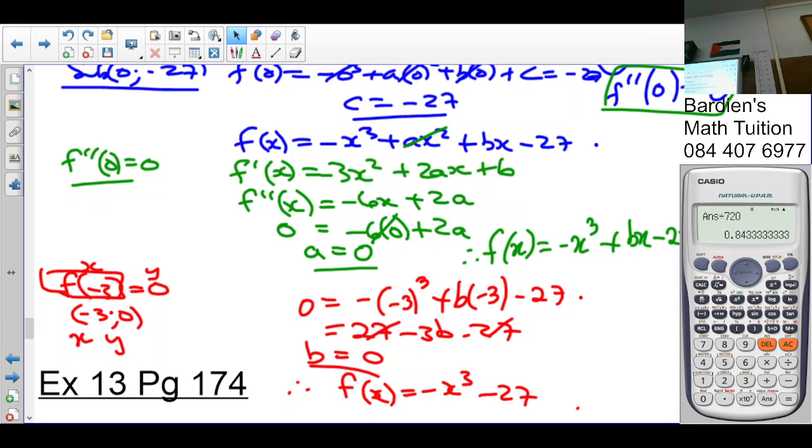Next heading, optimization and the rate of change. Write this down, it's really optimization and the rate of change.